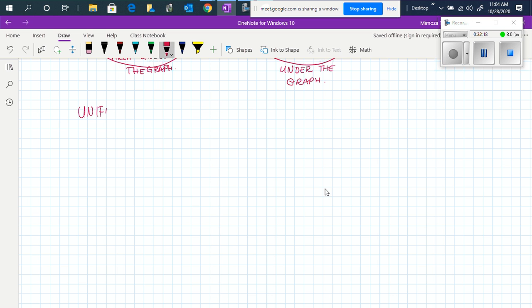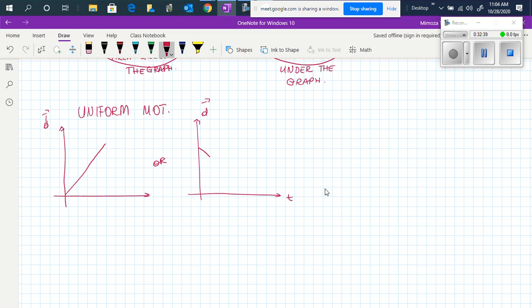Let's start with uniform motion. So if we have a uniform motion, then the displacement time graph will be something like this, either going up or going down. Displacement time graph going down, or even negative.